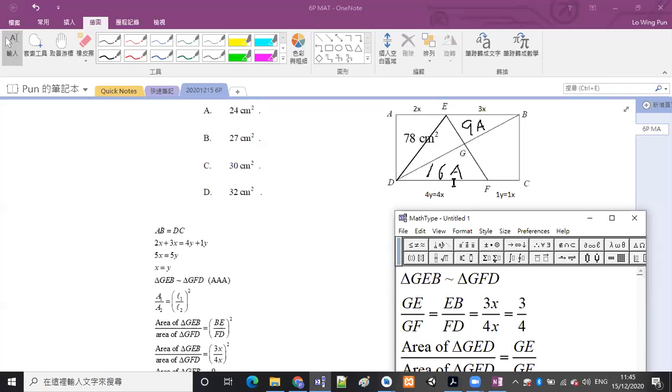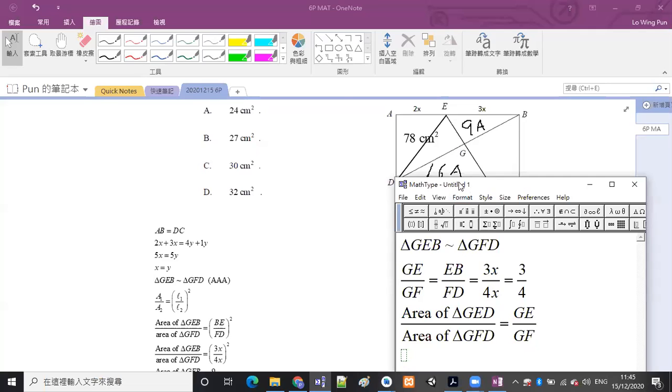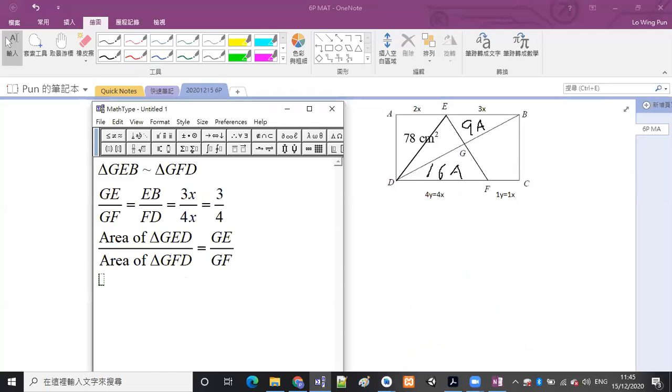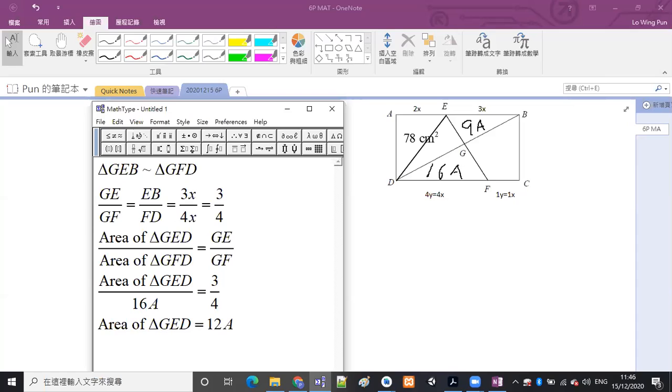We have the area of triangle GFD, so we may find the area of triangle GED from this equation. Area of triangle GED over 16A is equal to GE over GF, which is 3 to 4. So the area of triangle GED should be equal to 12A. Okay, so this is 12A.